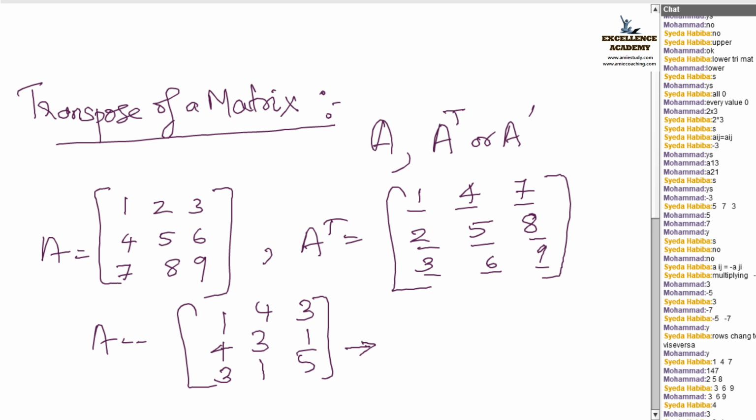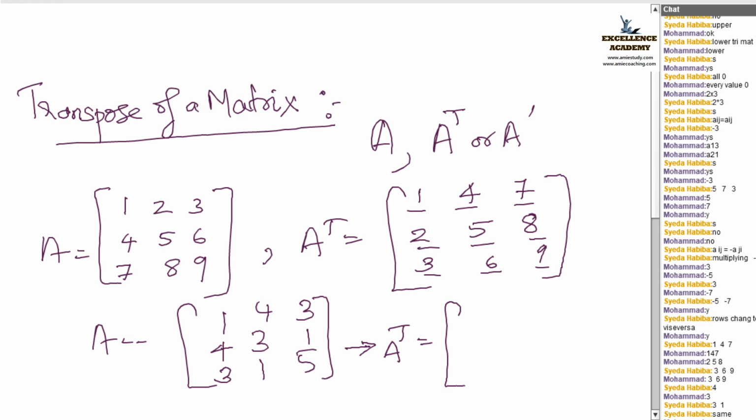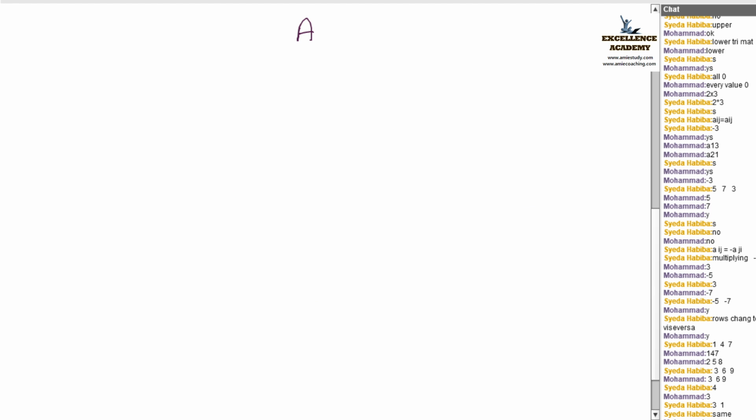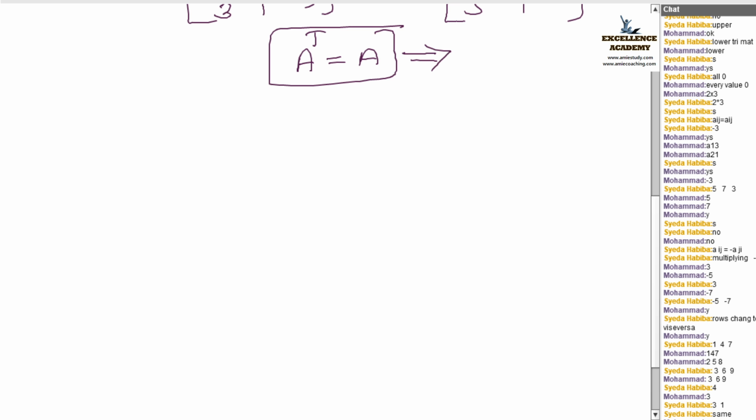Now, what about A transpose? You can see that it is 1, 5, 3, then 5, 4, 3, then 1, 4, 3, 1, the same. If A transpose is equal to A, then what can you conclude about A?